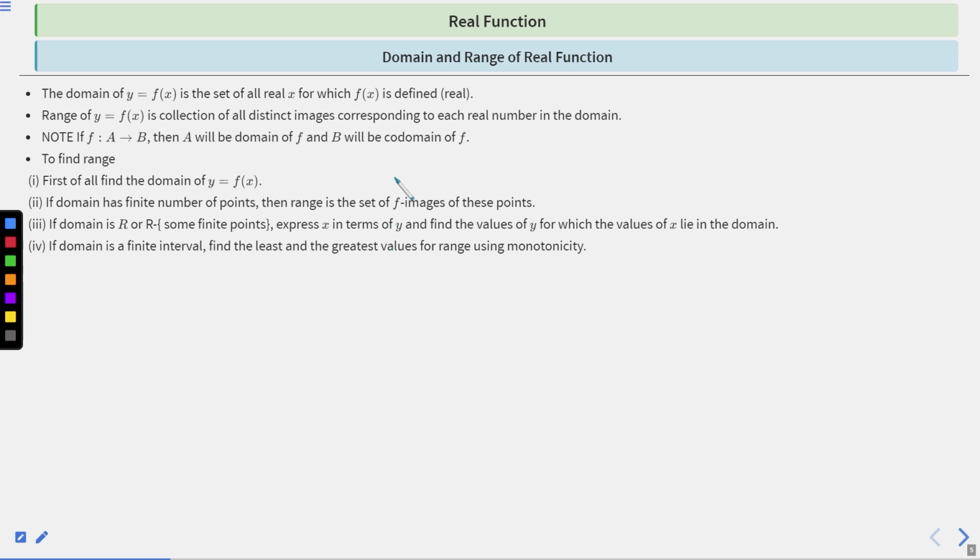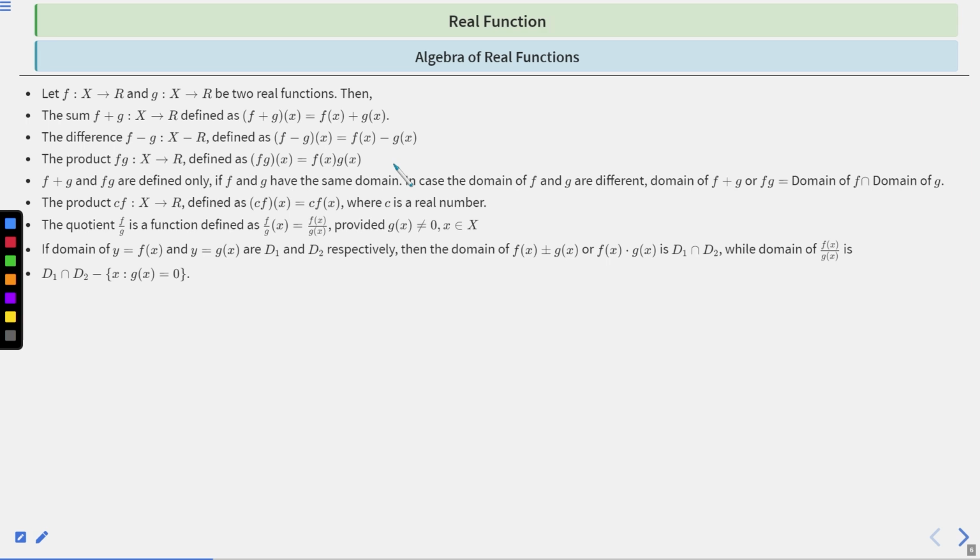Clear? So next, let's see algebra of real functions. Let f be a function from set X to R and g be a function from set X to R, two real functions. The sum f + g is from set X to R defined as (f + g)(x) = f(x) + g(x). The difference f - g is from X to R defined as (f - g)(x) = f(x) - g(x).